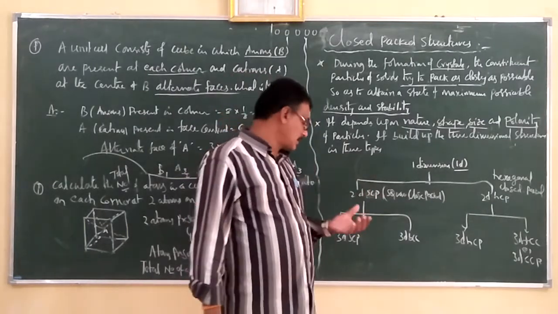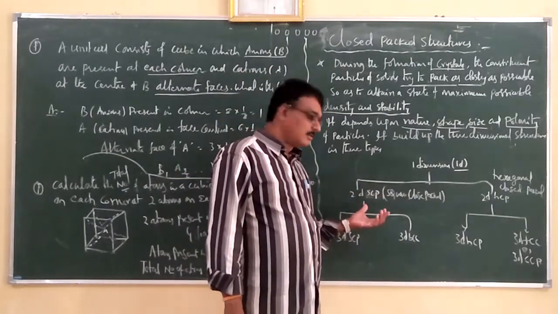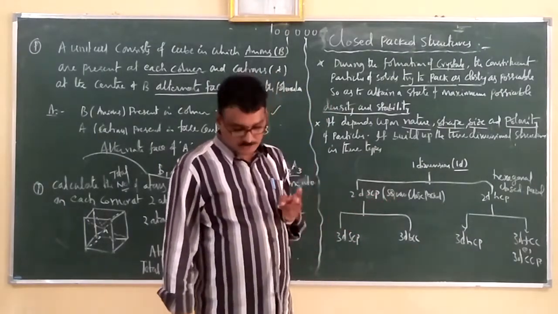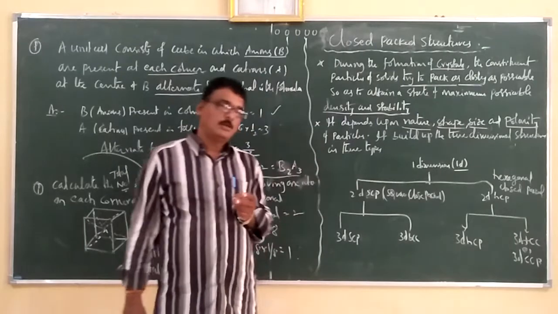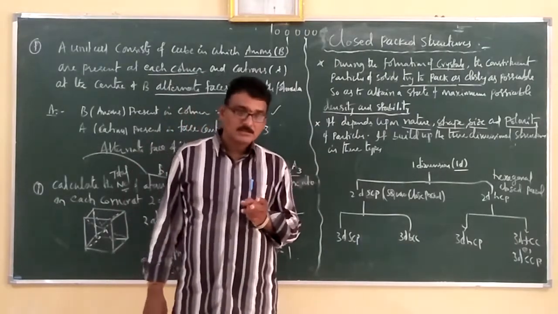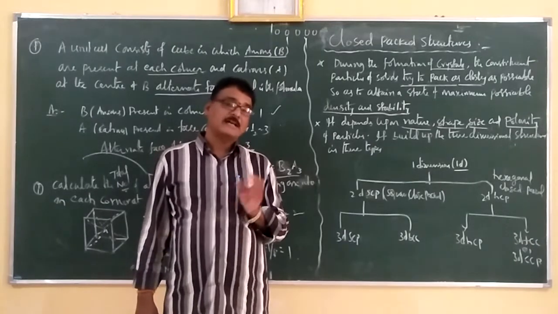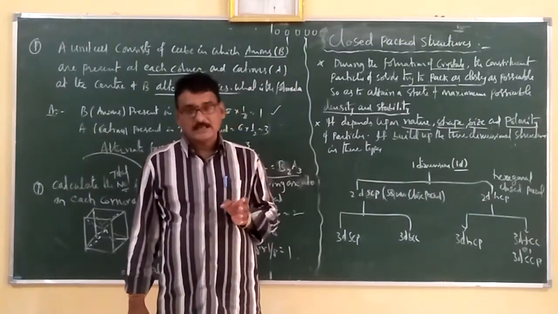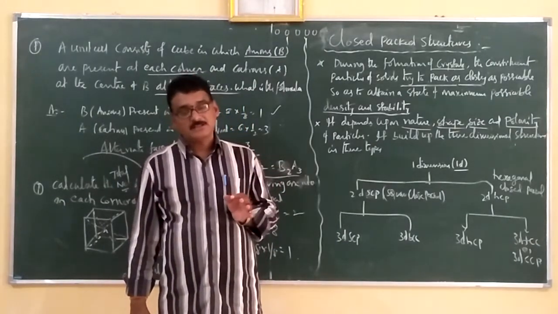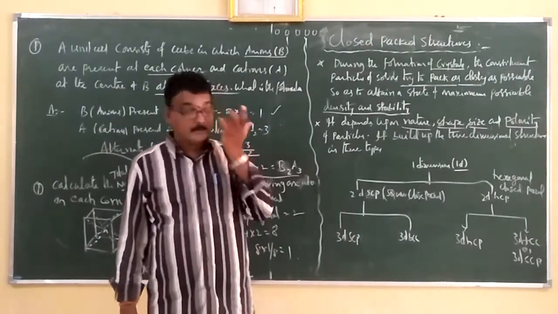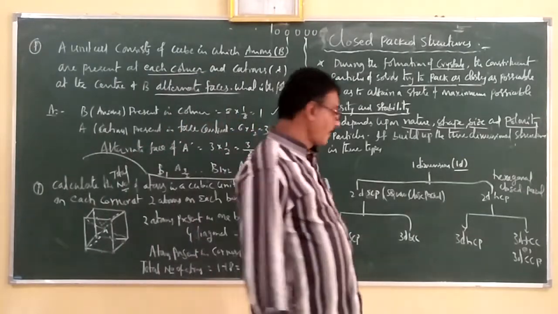Here the 2D SCP is divided into how many types? Two types: three-dimensional square closed packed structures and three-dimensional body-centered cubic packed structures.